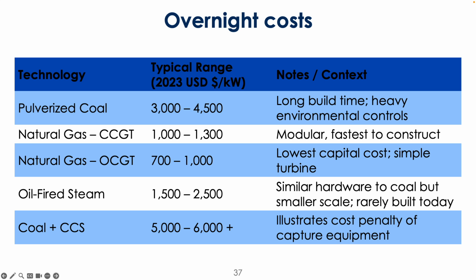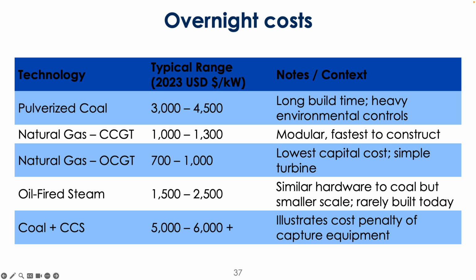This is about the size and capacity of what you can produce as opposed to an amount of energy that's produced. This is just saying if the size of the plant is X, it's going to cost based on this kind of scale.